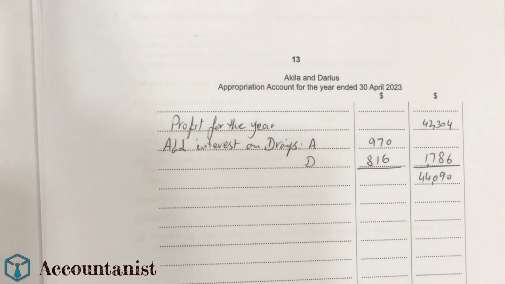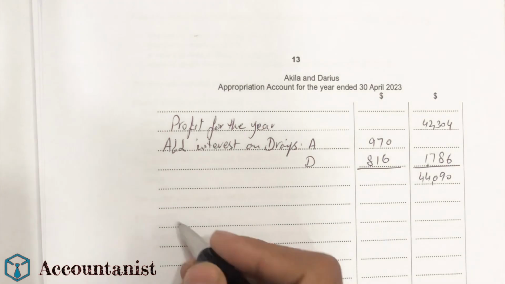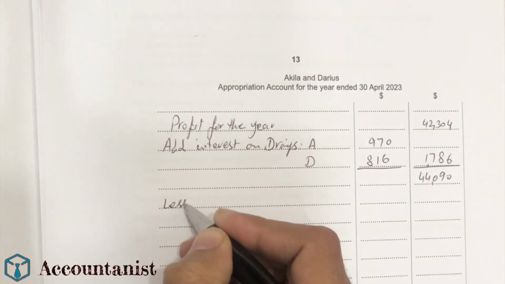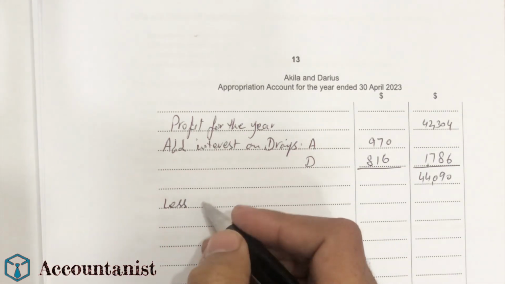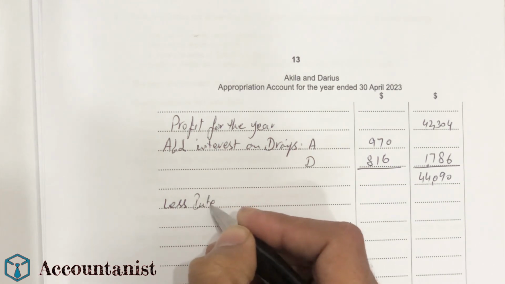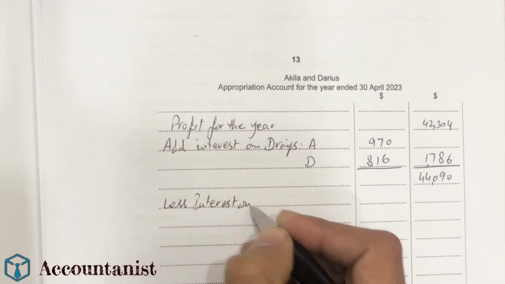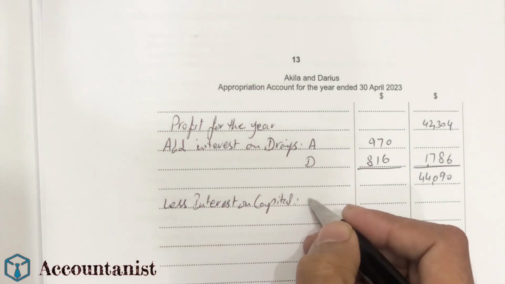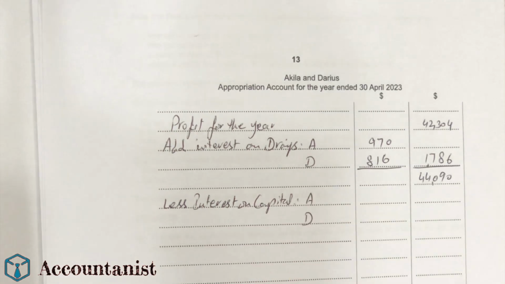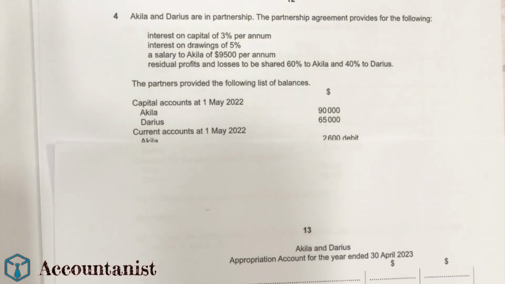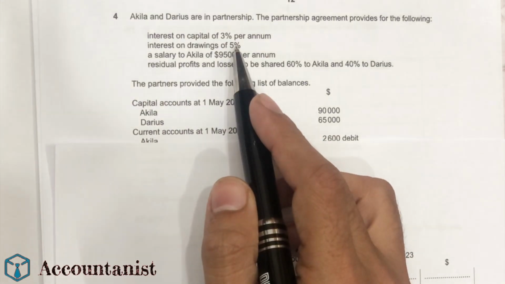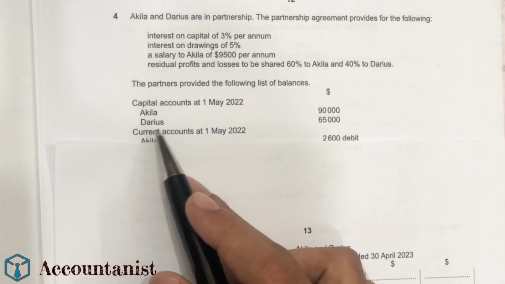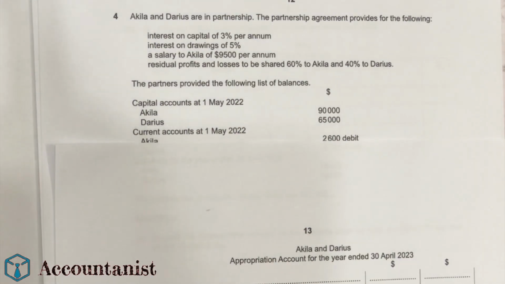The next adjustment that we need to make is less interest on capital, the interest on capital of both A and D. In the question, interest on capital is 3%, and the capital amounts are 90,000 and 65,000.